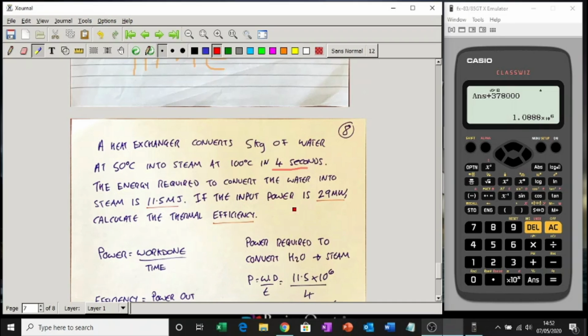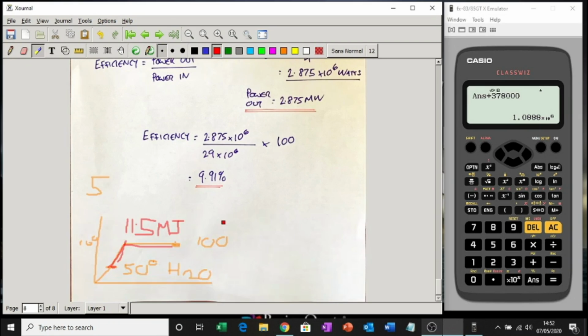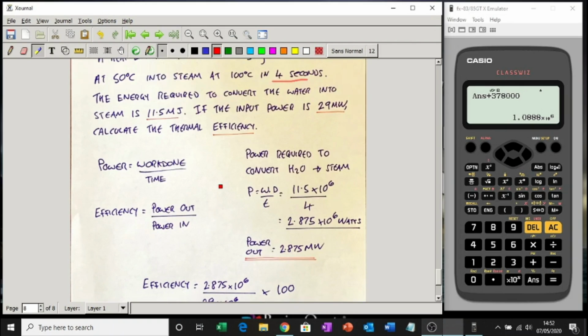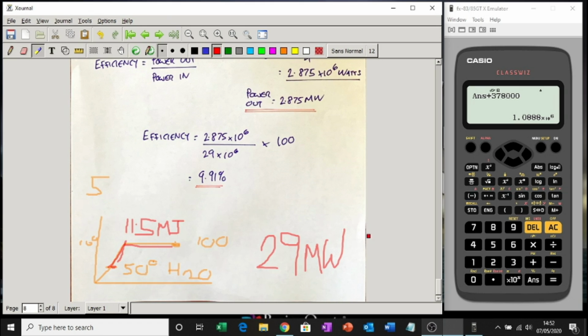So if the input power is 29 megawatts, calculate the thermal efficiency. Now, we're saying we're pumping in 29 megawatts into this heat exchanger. And it's using that energy to convert. We need to work out its efficiency.